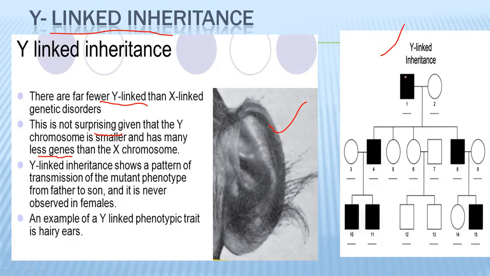In its inheritance, if the father is affected, then on that smaller Y chromosome, in the non-homologous region, if that gene is present, it will be transferred only to males, because Y is transferred only to males, not to females.